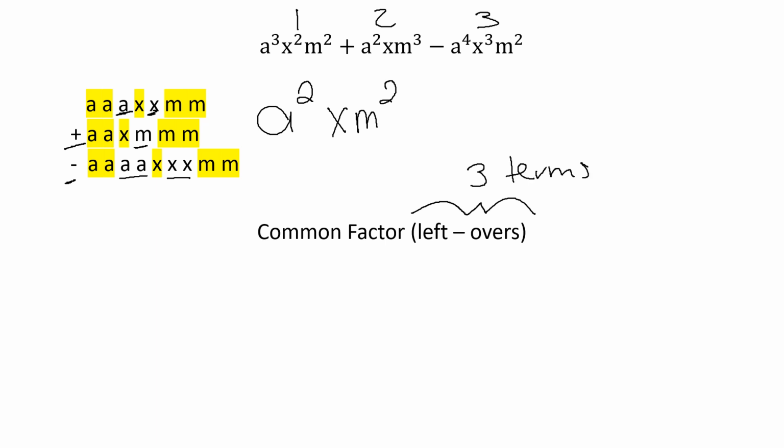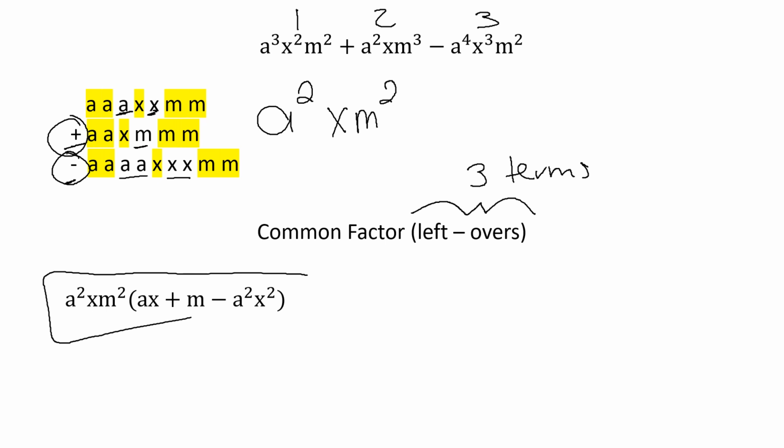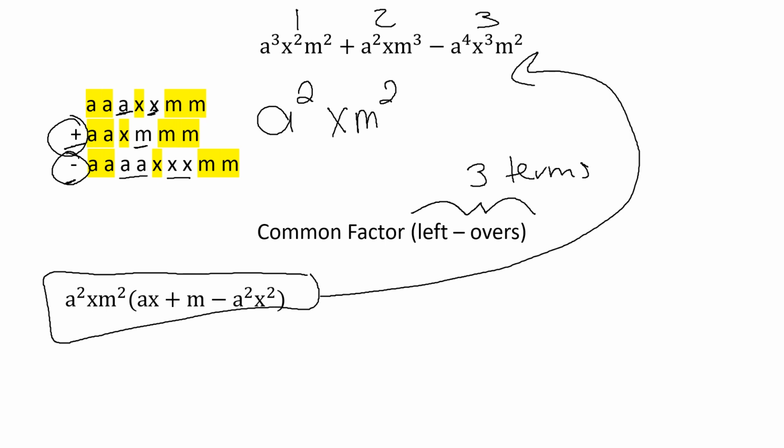So my common term that I'm pulling out is a squared x m squared. Then what is left is ax in my first term, plus, the reason it's a plus is because this is a plus, m, minus a squared x squared. And that is it. I know that this does not look any better or simpler than the original, but Algebra 2 is going to use this later. In Algebra 1, you're just going to practice this in preparation for Algebra 2.